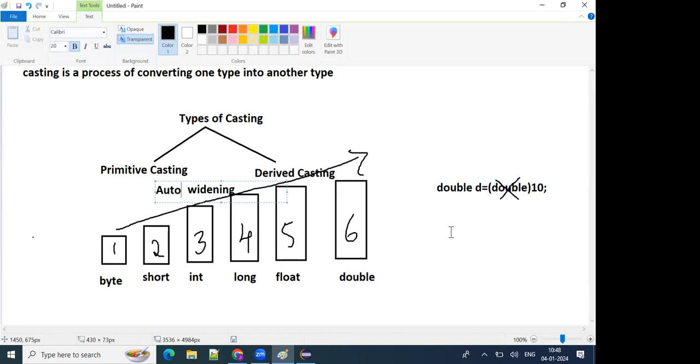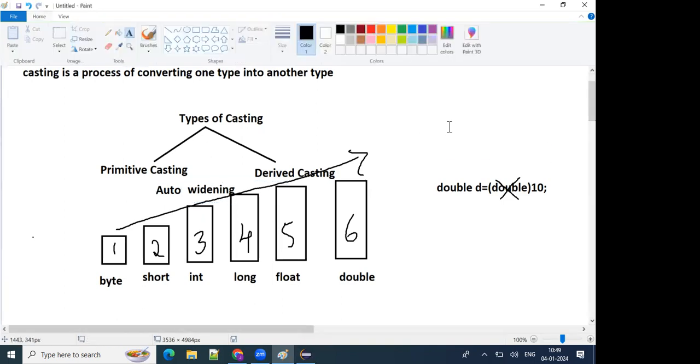Widening is converting lower primitive to higher primitive. Write this diagram.